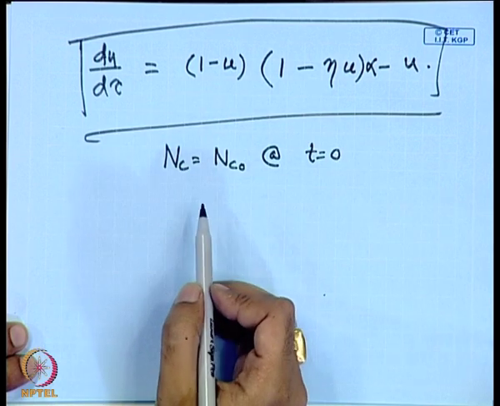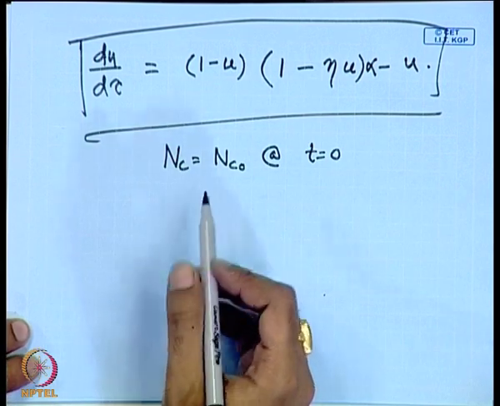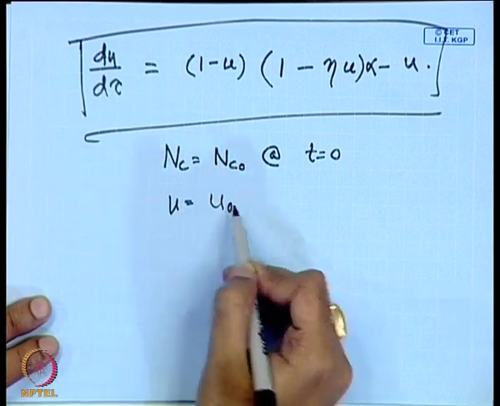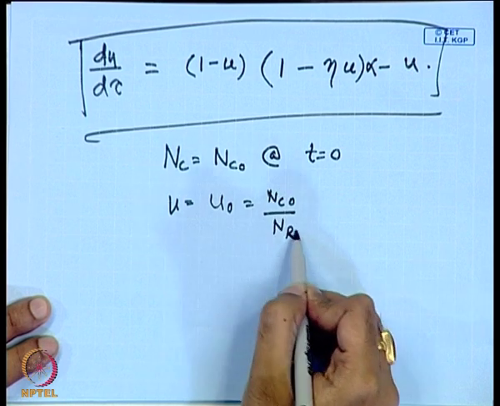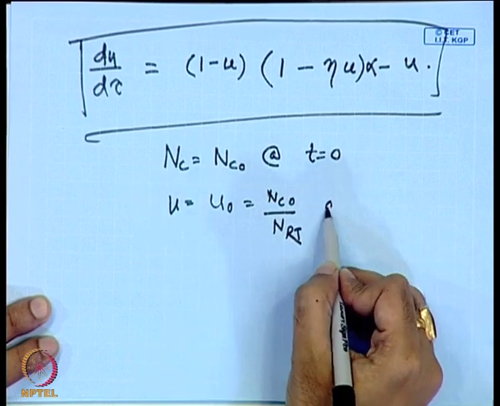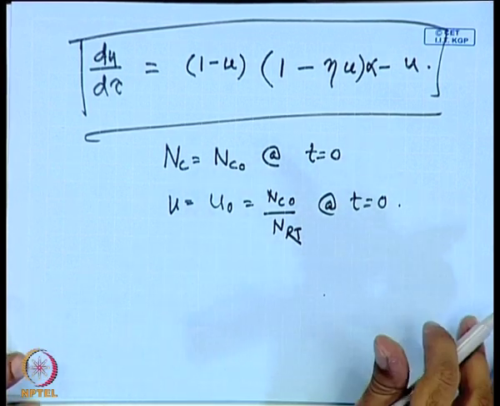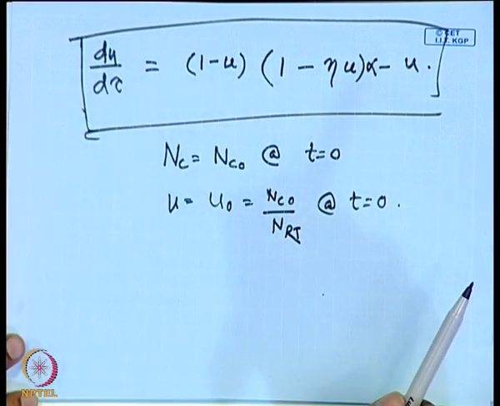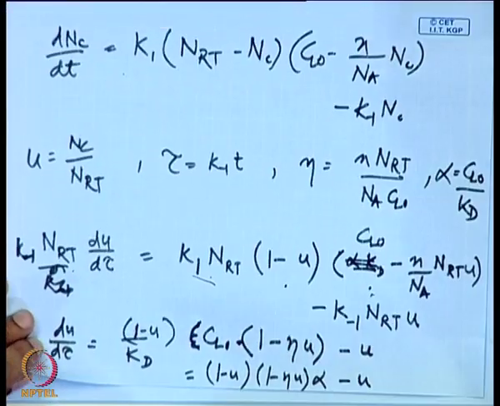Now if I put back into my dimensionless variables, I will have U equals U naught, equals NC naught over nRT at t equals 0. So this is my equation that I now need to integrate.